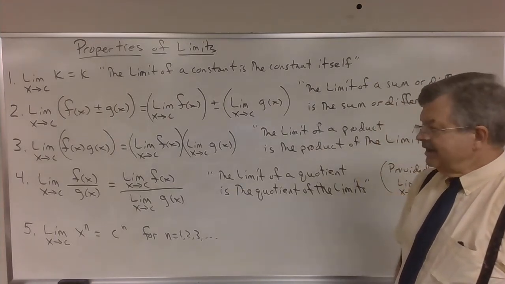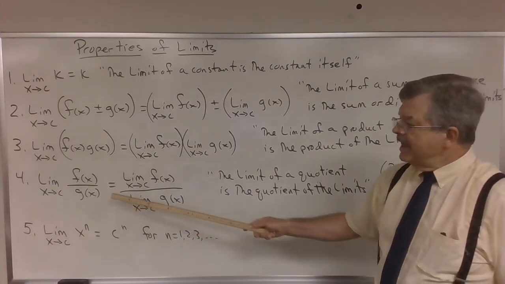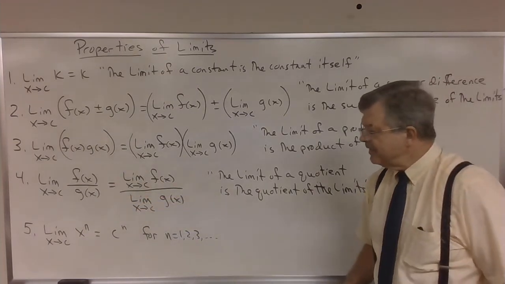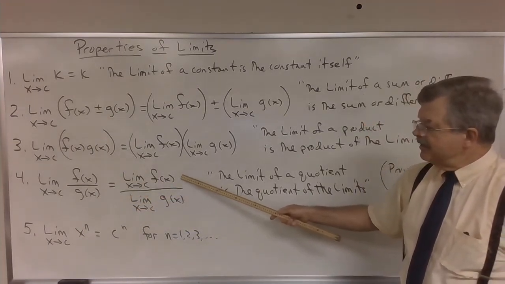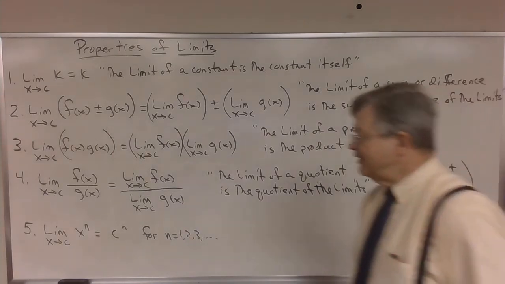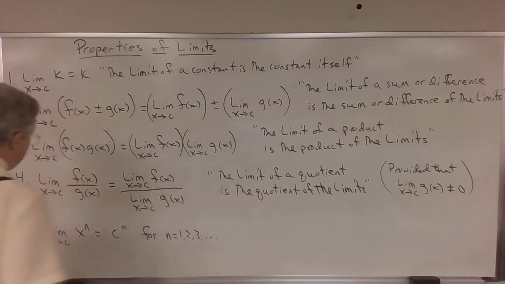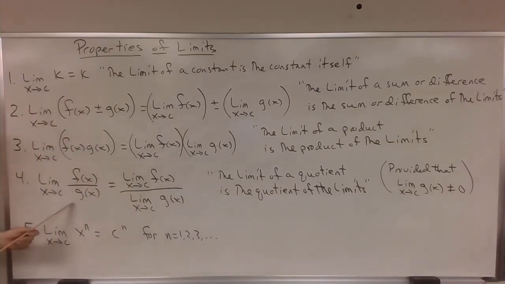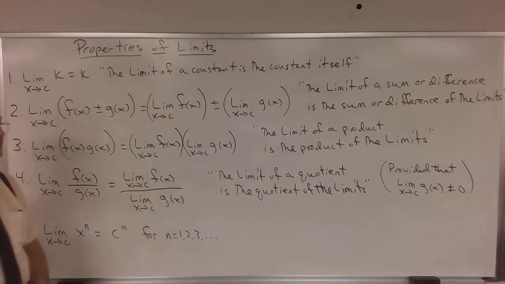And analogously, we have the limit of a quotient, and that turns out to be the quotient of the two limits. So we might say this. The limit of a quotient is equal to the quotient of the limits, but there is a catch.